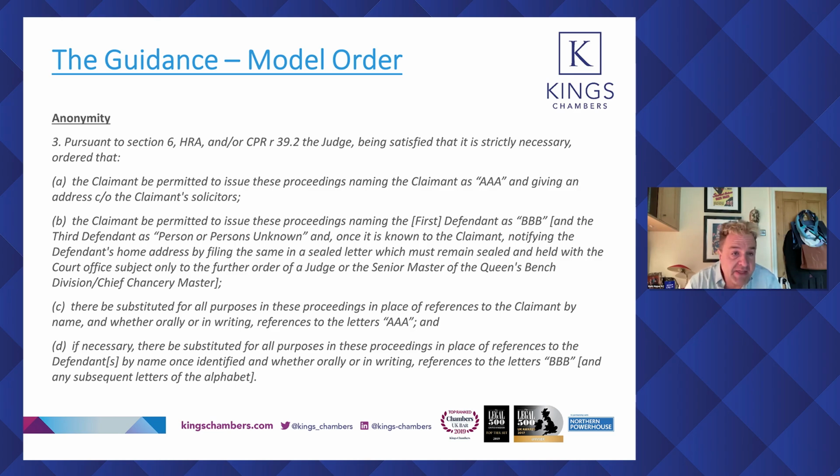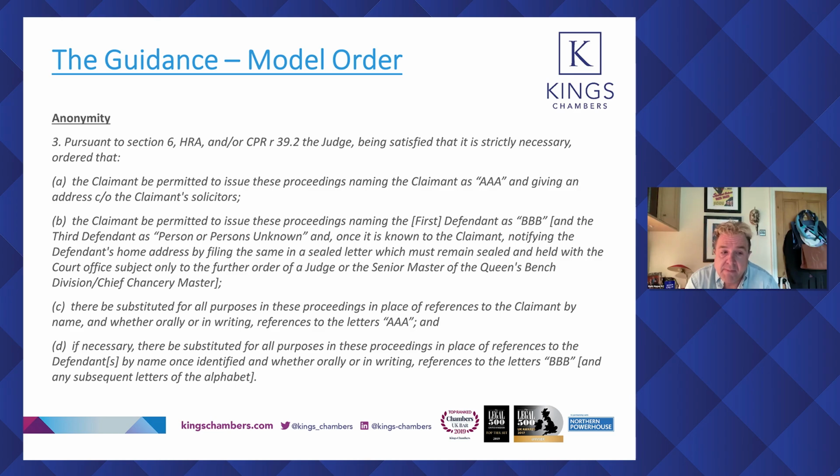Now, the model order, I think it's no better. This shows you the type of provisions you could be looking for. And we've put on the screen there the typical model order provision for anonymity. You see paragraph 3, it sets out the judge has got to be satisfied it's strictly necessary. The claimant is permitted to issue the proceedings, naming the claimant as AAA.